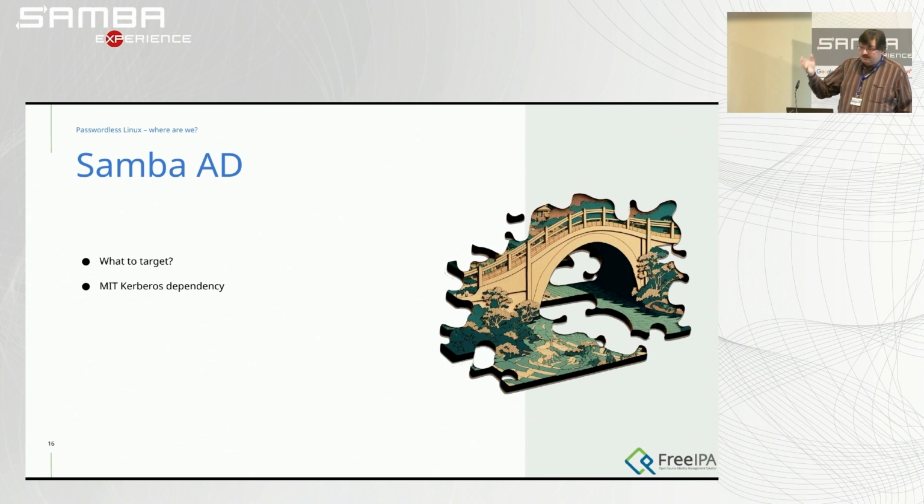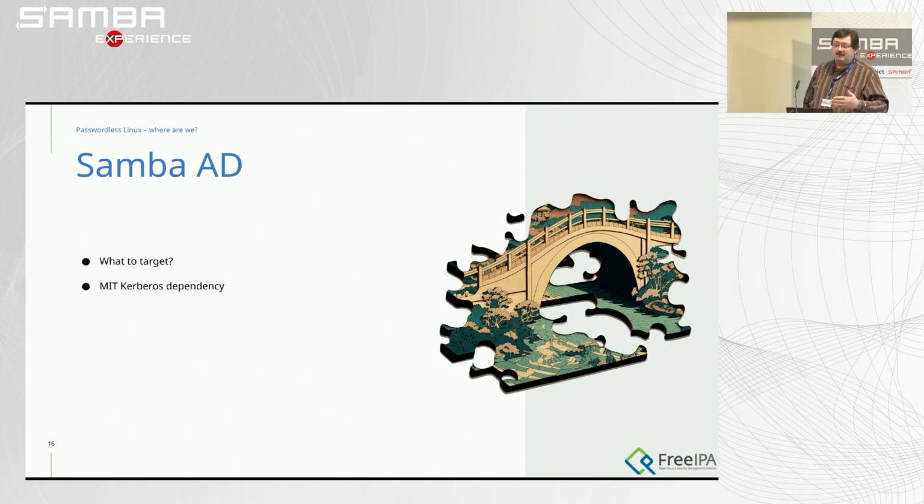So if we get to Samba AD, I kind of half answered how we can integrate this. The prerequisite is obviously MIT Kerberos, right? There's a need to define a schema. We have some schema defined for storing these passkeys at least in Active Directory, LDAP, because we treat them similarly to SSH public keys. So if you store them in Active Directory, SSSD will see them and allow you to use a passkey to log in locally.